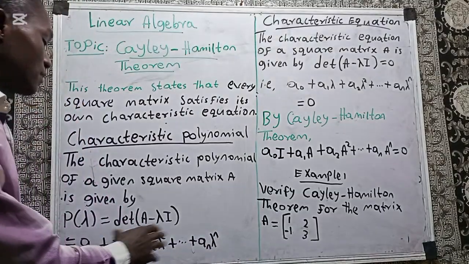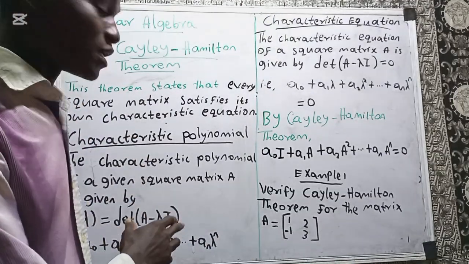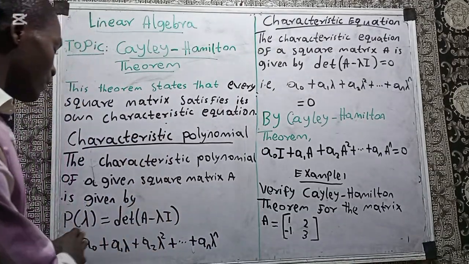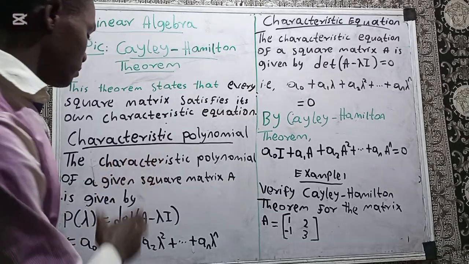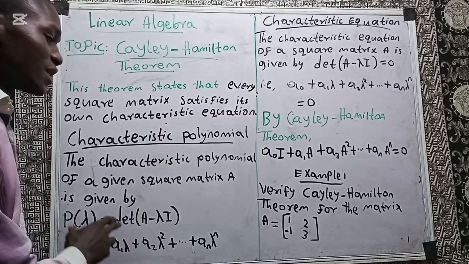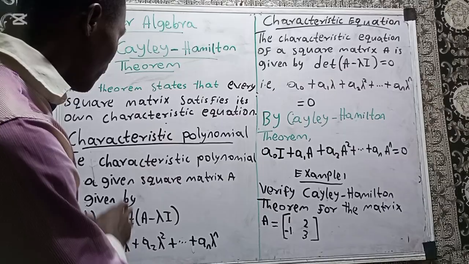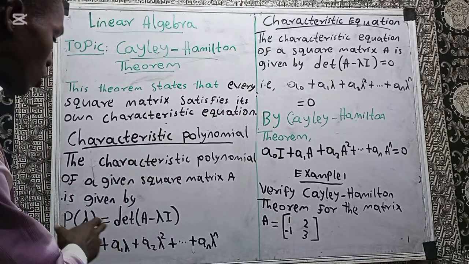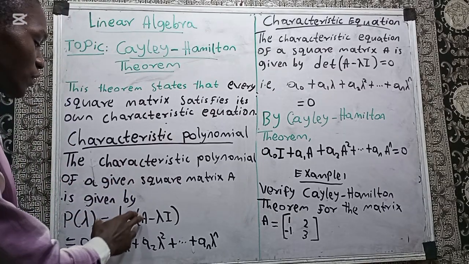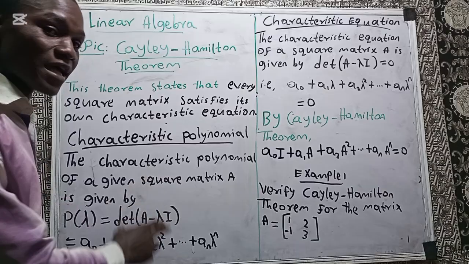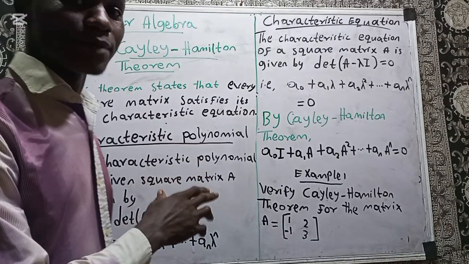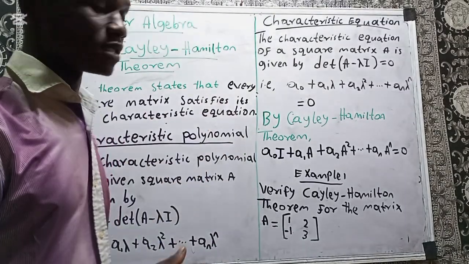This is the characteristic polynomial of any given square matrix. To find it, you need to compute the determinant of A minus lambda I, where I is the n by n identity matrix.